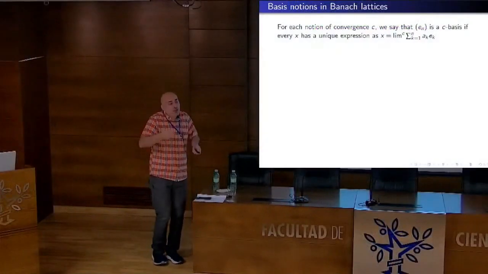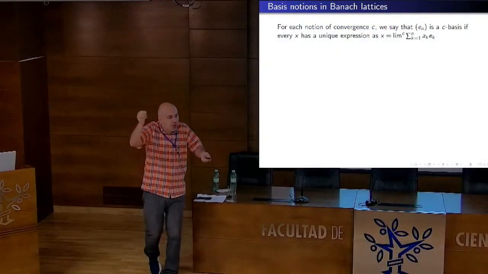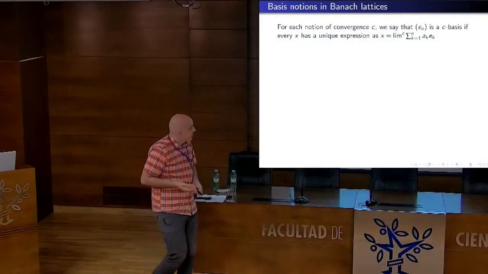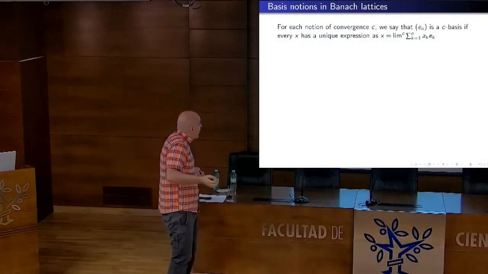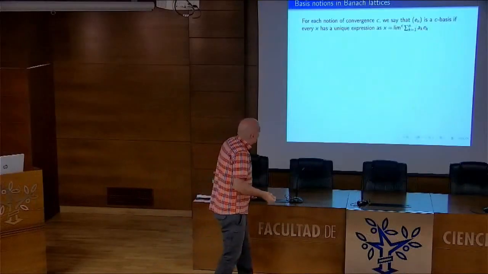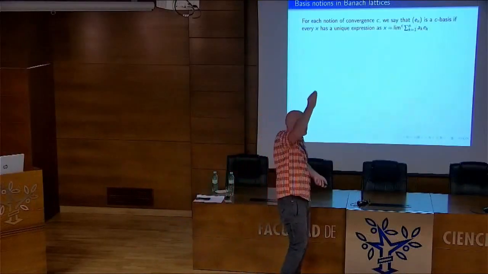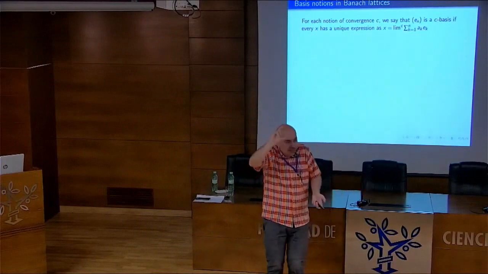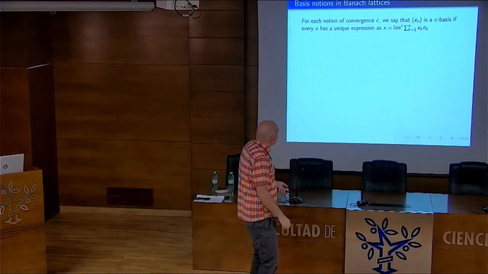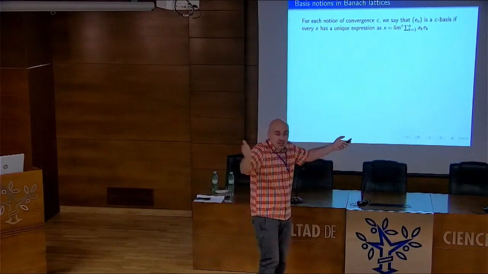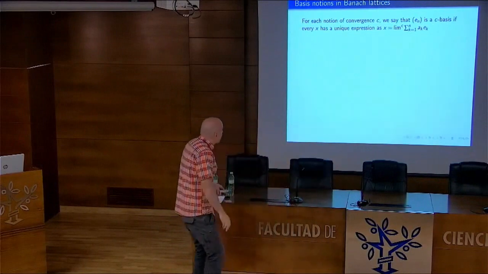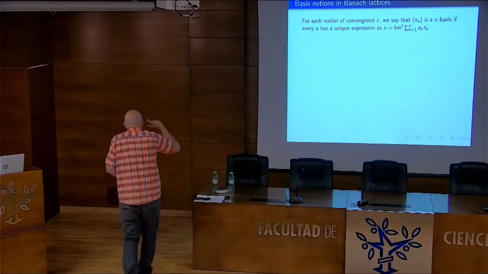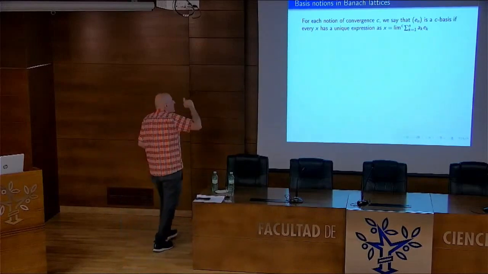A C basis could be a U basis, O basis, sigma O basis, depending on the convergence, if every x has a unique series expansion, where when I take the limit of the sums, I mean the limit in the sense of C.